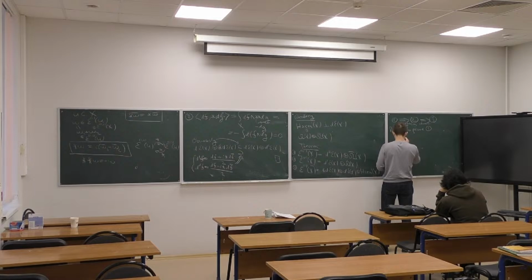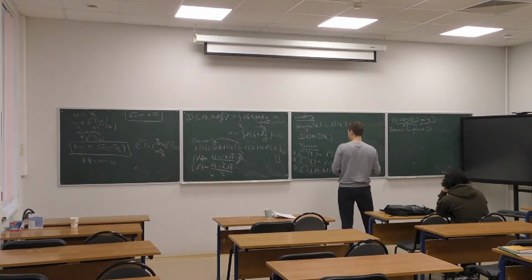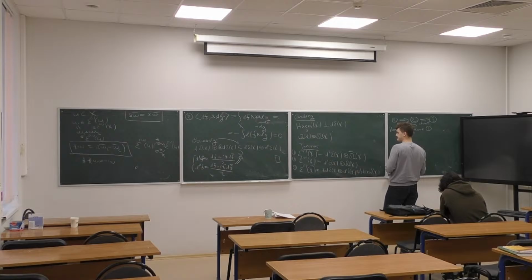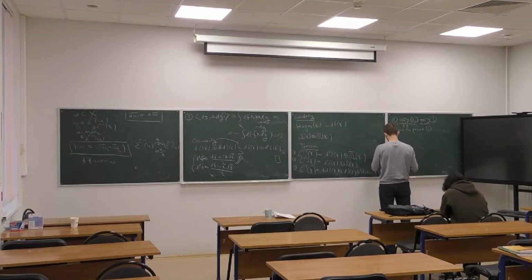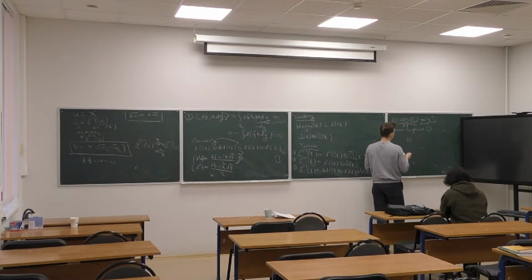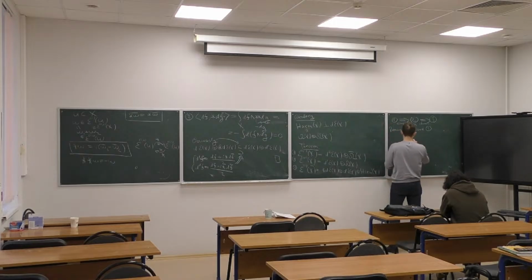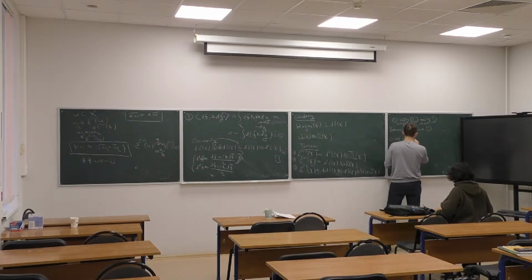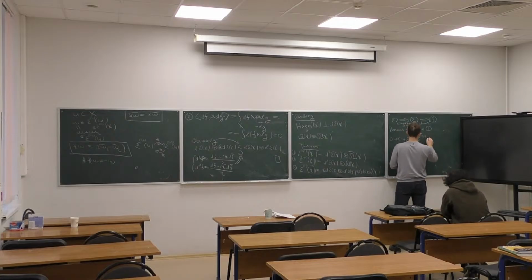We have the following short exact sequence of sheaves on X. We have 0, locally constant functions, which are included in the space of all smooth functions, and then you apply d double prime and obtain forms of type 0,1.